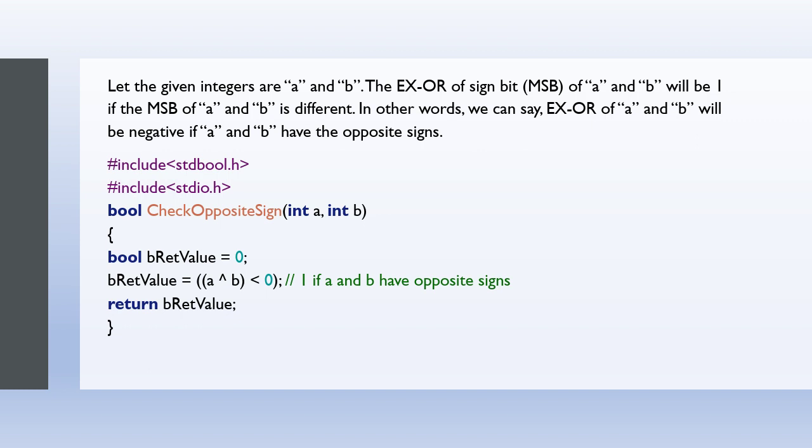Coming to using this method, we can call it in main like this: int main, int a equal to 0, b equal to 0, bool read value. Enter the value of a and b: printf "Enter the value of a" and scanf for that value, and printf "Enter the value of b" and scanf for getting the value of b.